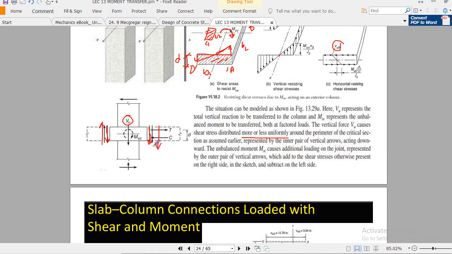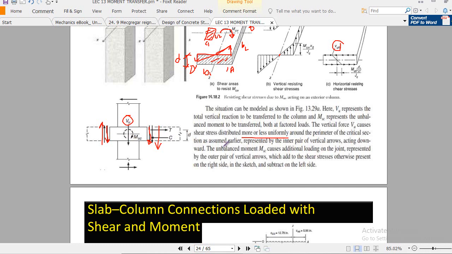So it adds to the shear stresses otherwise present on the right side. And on this side in the sketch it adds with this VU, and it subtracts on the left side. So due to unbalanced moment, some additional loading is also added to the joint, in addition to the VU.